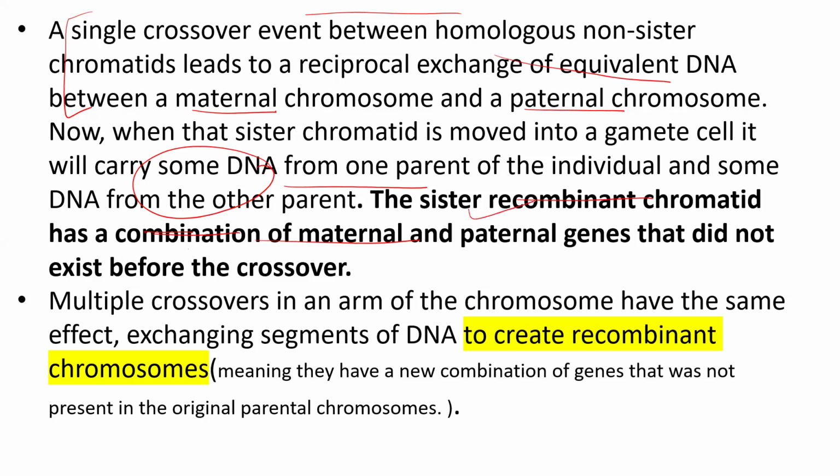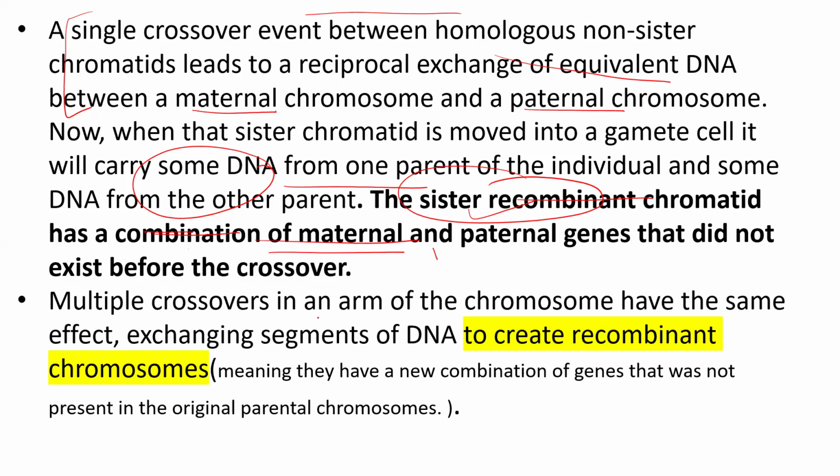So the output is the recombinant chromatid. It consists of genes from both the mother and the father after recombination, and it is a reason for variation in sexually reproducing organisms.